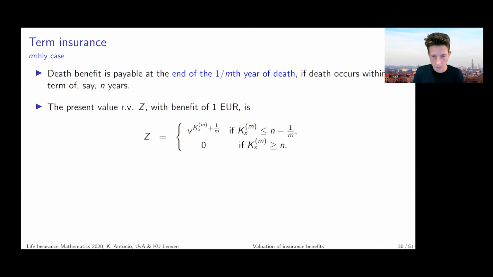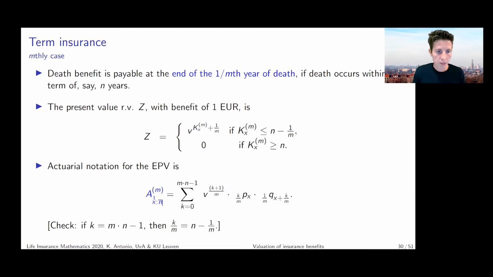So the maximum possible value that this kxm can take is n minus 1 over m. If you look at the end of the duration of the contract, let's say that m is 12, so you reason in months, then the largest possible value that your kxm can take is the last month before the end of the contract. So be careful with that notation.